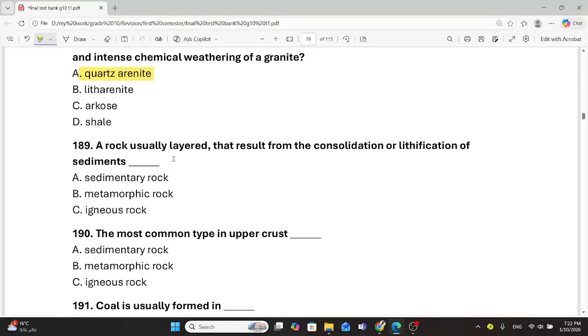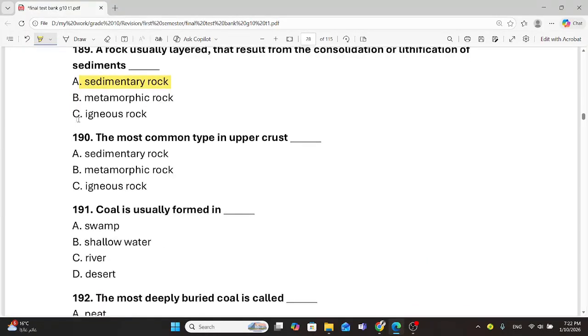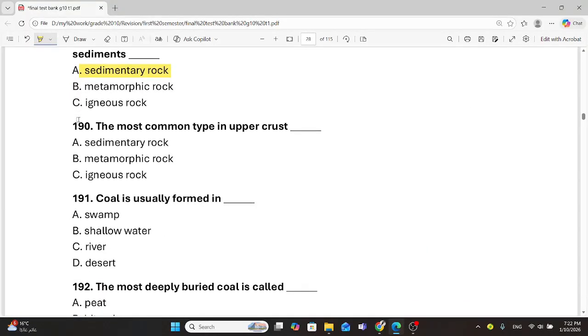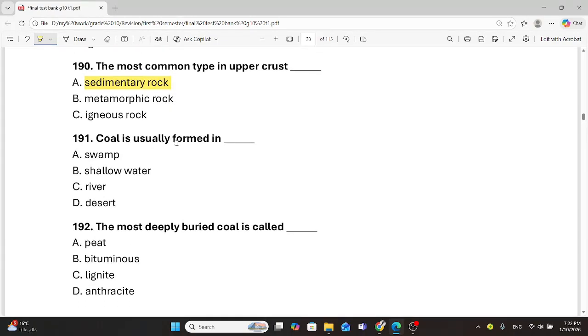A rock usually layered as a result of consolidation or lithification of sediment is a sedimentary rock. The most common type in the upper crust is sedimentary rock. Coal is usually formed in a swamp, shallow water, river, or desert?